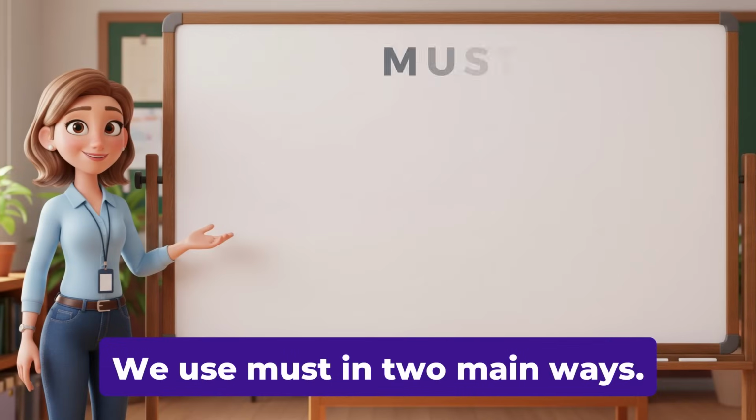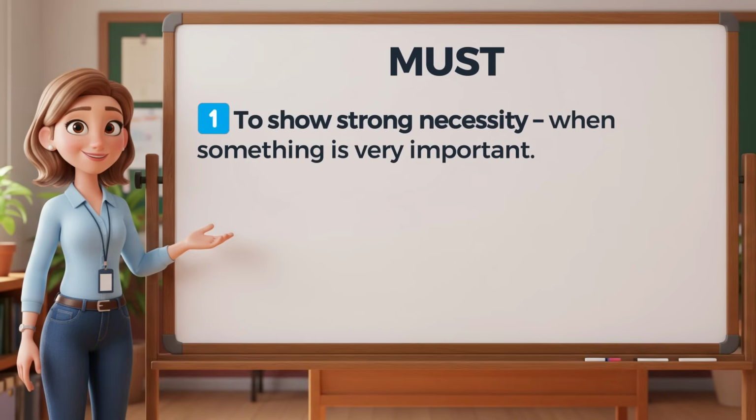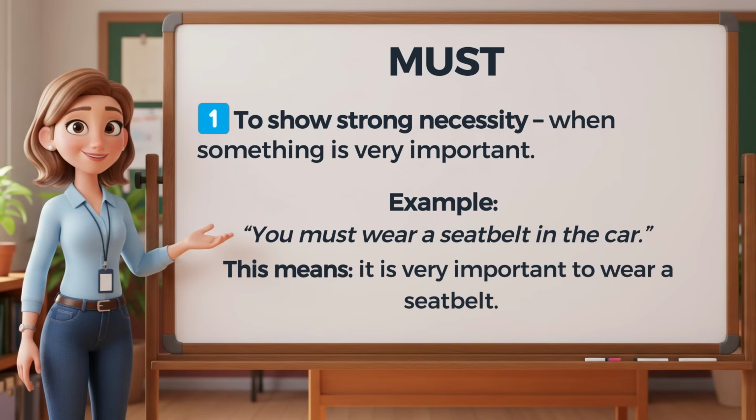We use must in two main ways. First, to show strong necessity when something is very important. Example: you must wear a seatbelt in the car. This means it is very important to wear a seatbelt.